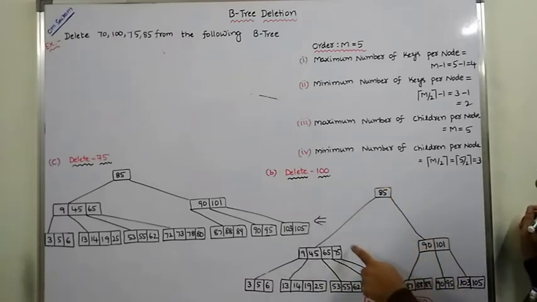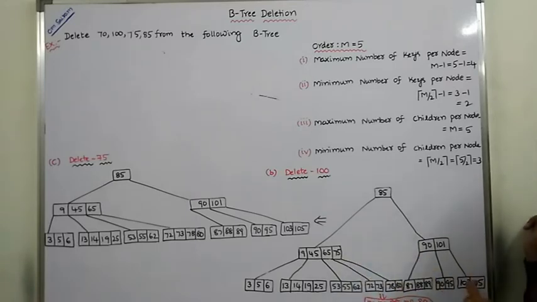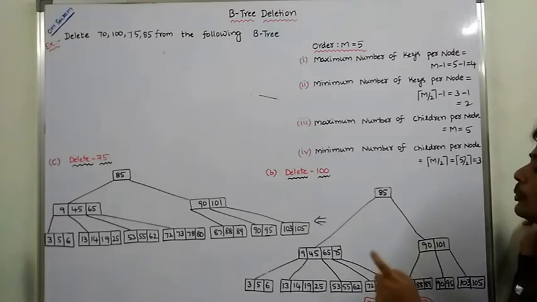So it can be deleted. The target key element is replaced with the in-order predecessor of that node. For the in-order predecessor we consider the left subtree. The left subtree contains only the minimum number of key elements, 72 and 73, so it is not possible to replace 75 with the in-order predecessor.